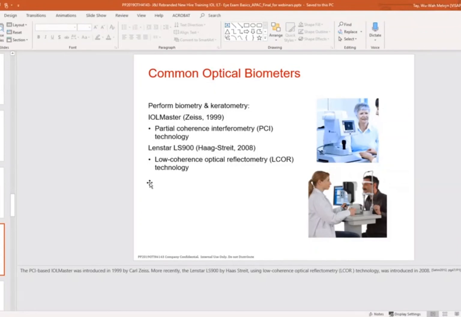What the Orbscan does, interestingly, is that it does provide a measurement of the posterior cornea. That's something different from what other keratometers are doing. So it does have some information on the posterior cornea power or the posterior cornea astigmatism. Yeah, that's one of its unique points, isn't it? The posterior cornea. Mm-hmm. Yeah.